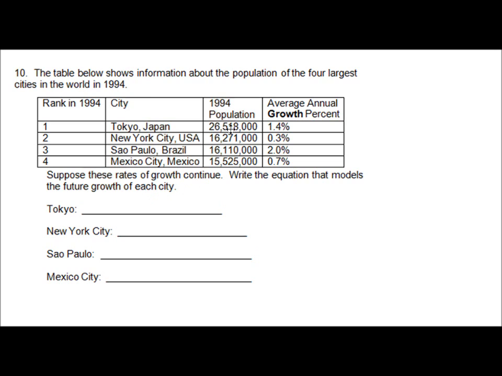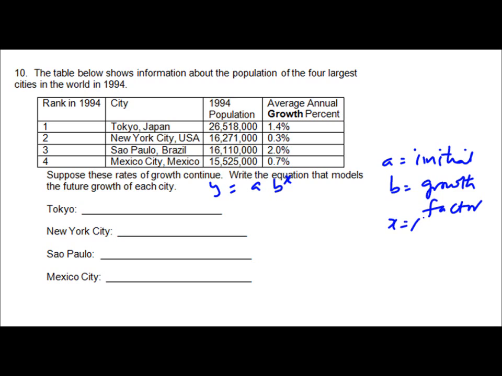Remember, y is equal to a b to the x. A is the initial amount. B is the growth factor. And x is the number of years here, because it says annual growth.